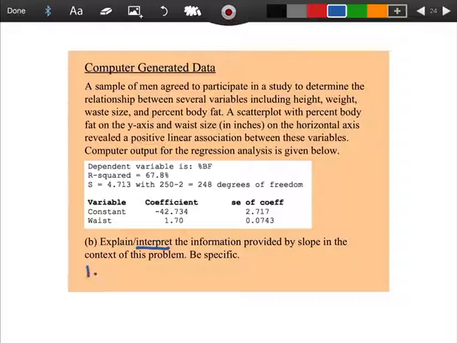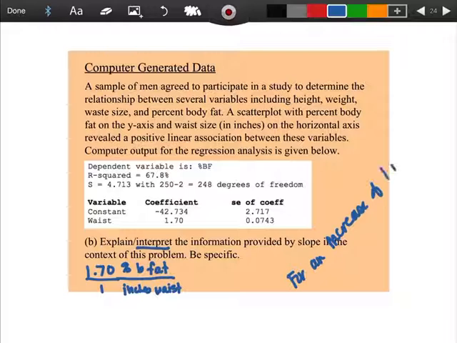Once we have our regression equation, we can use it to calculate different values or even to interpret. The slope was 1.70, which is the same as 1.70 over 1. Remember, our y units are percent body fat, and our x units are inches of our waist size.